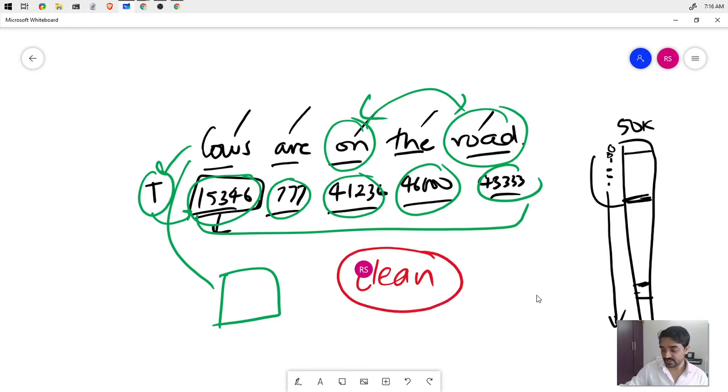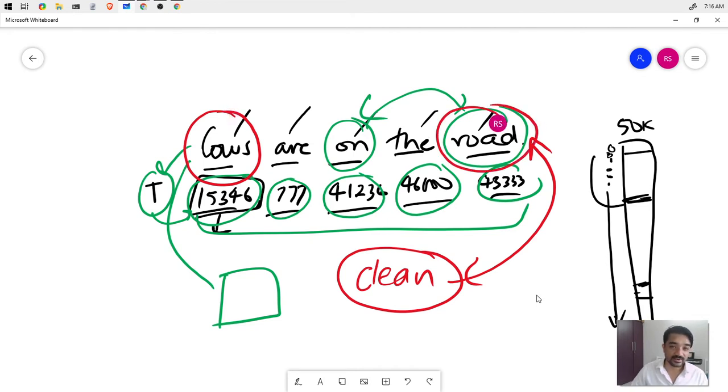The distance between clean and road, right? And you'll think, what is the distance between what exactly you're talking about? We're going to go into much more detail about what I'm talking about right now. But let's say the distance between clean and road is more in India as compared to the distance between cow and the road. Get an idea what I'm talking about, right?